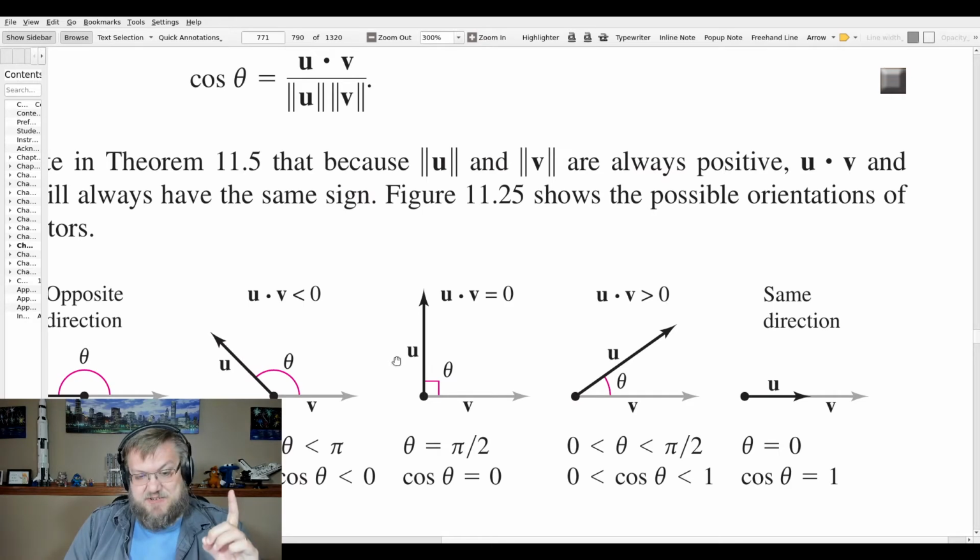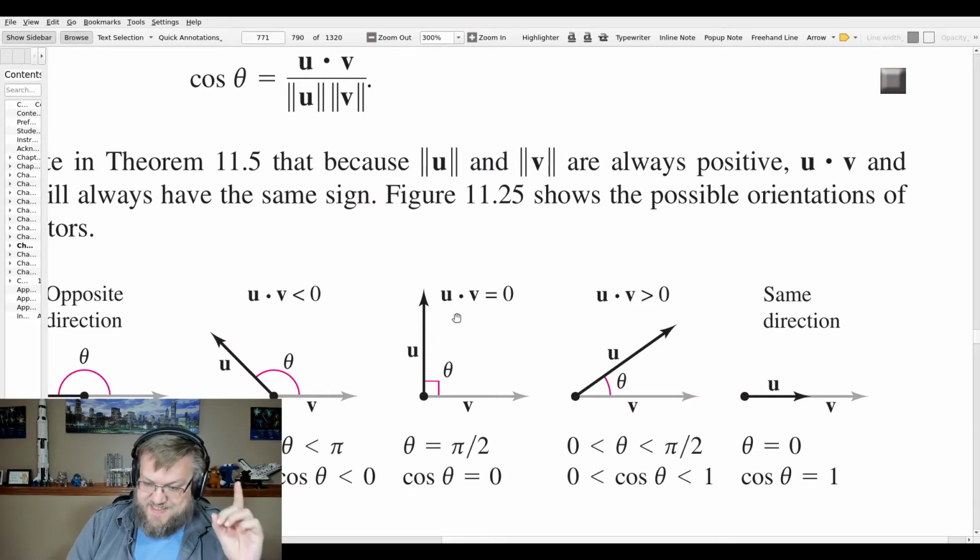And the special case, what if the dot product was 0? Well, if the dot product is 0, this is 0 divided by not 0. So that means it's 0. Cosine of theta being 0 gives me that the angle has to be 90 degrees. And so the dot product being 0 tells me instantly that the vectors are perpendicular, 90 degrees angle between them.